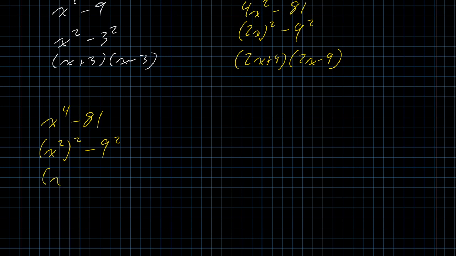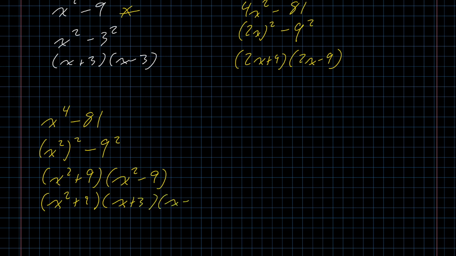So this factors to x squared plus 9 times x squared minus 9. And wait a second, we just factored x squared minus 9. That factors to x plus 3 times x minus 3.